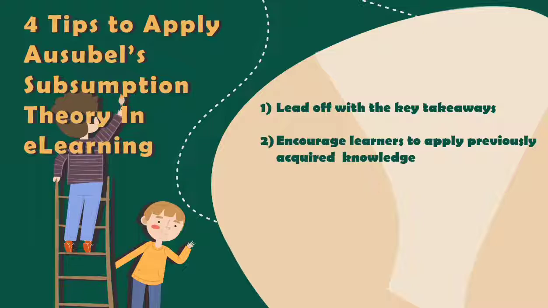Second tip, encourage learners to apply previously acquired knowledge. So speaking of connecting, the subsumption theory relies heavily on the idea that learners gather information most effectively when they tie new concepts to existing cognitive structures. So this works both ways.